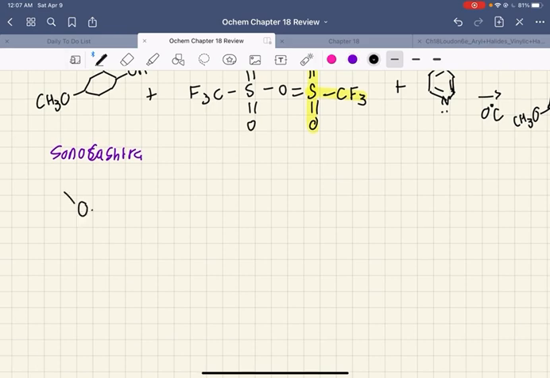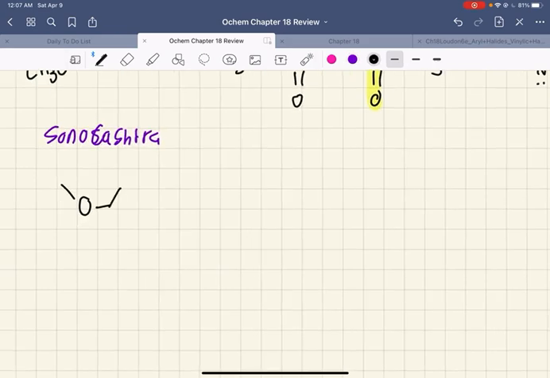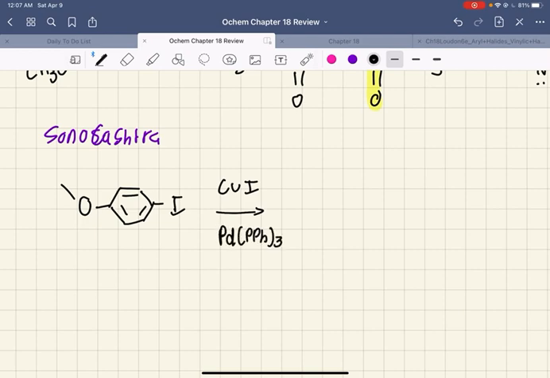Let's take this ester coupled with a benzene iodide. We'll use copper iodide, PPh3. This will be the final product. This is carbon-carbon coupling using a copper.